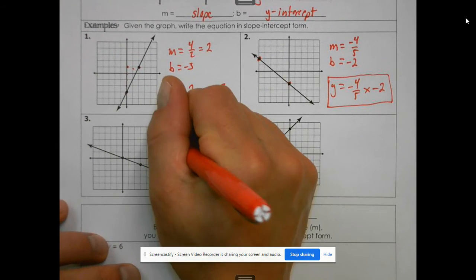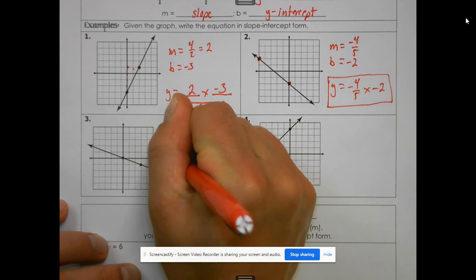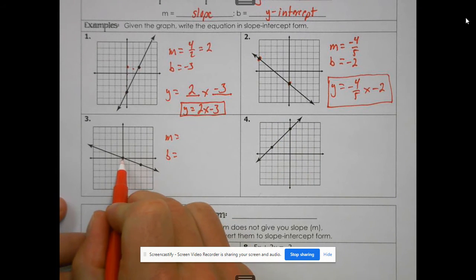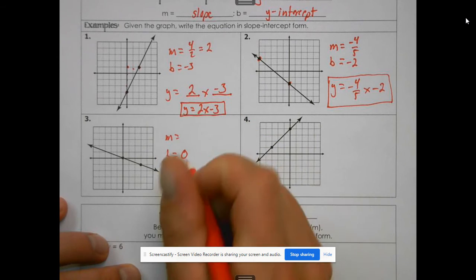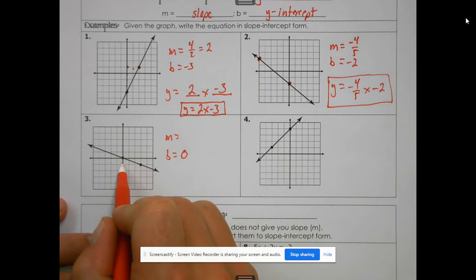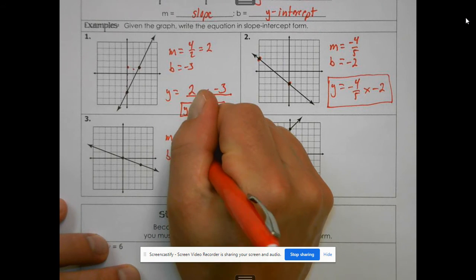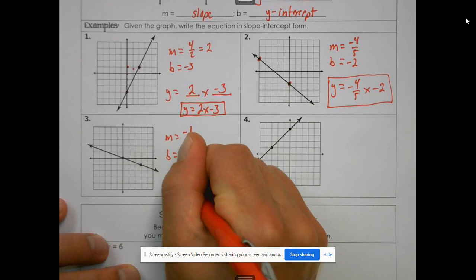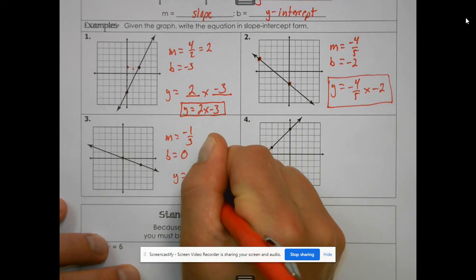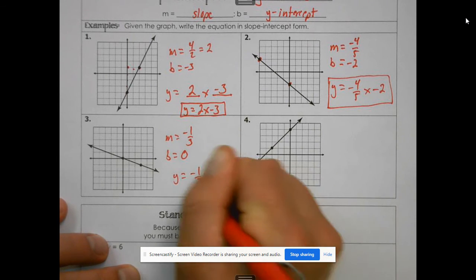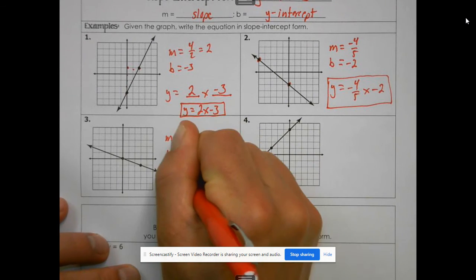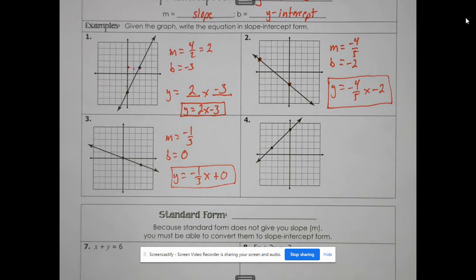Number 3, y-intercept is 0. Slope, down 1, over 1, 2, 3. Equation, y equals -1/3 x plus 0. You don't have to put the 0 on the end there, but for practice, it's okay.